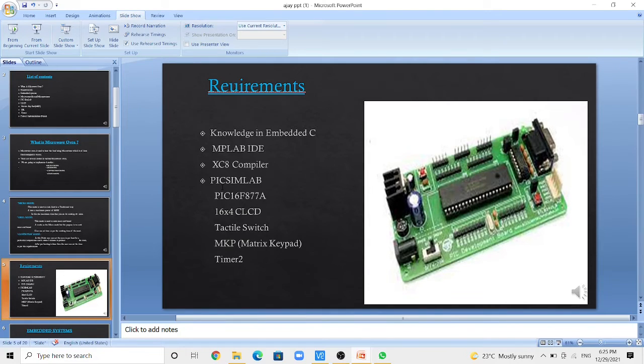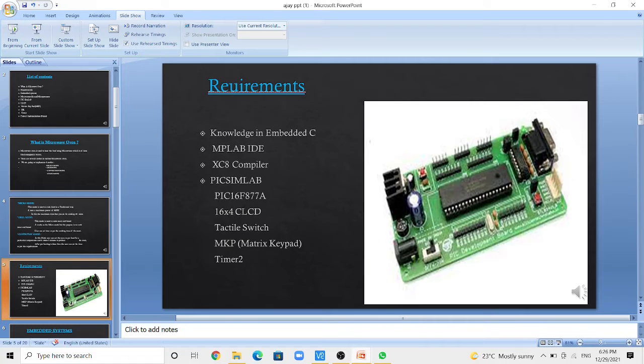That particular microcontroller is PIC16F877A. We know that this is a PIC microcontroller, which belongs to the PIC family.